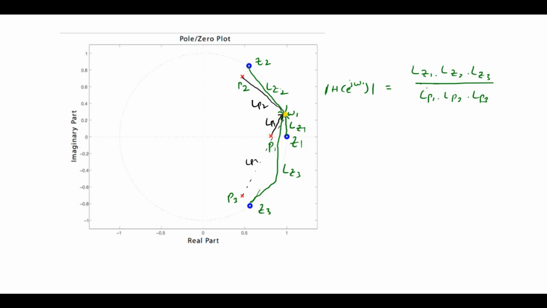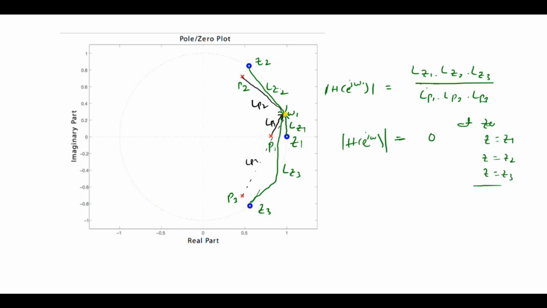So definitely at these 3 points, the distance from that particular zero to that frequency is 0. So the numerator is 0, meaning the magnitude is completely 0 at z = z1, z = z2, and z = z3.